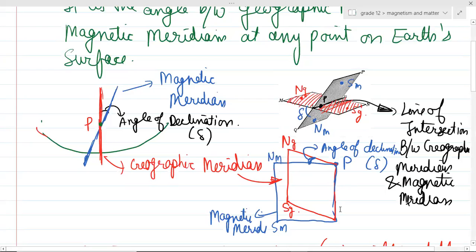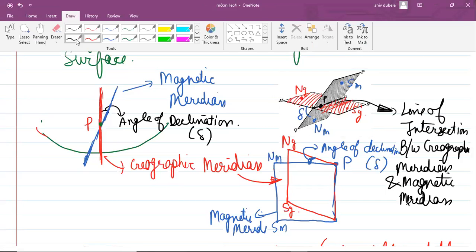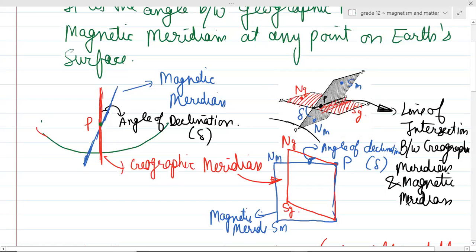I have taken any point on the Earth's surface, but generally for reference I take it in the northern hemisphere. Let me draw the Earth for you. If this is the Earth's surface, this will be the plane in which the north and south poles lie. The diagram is not accurate, and even this figure is not accurate.